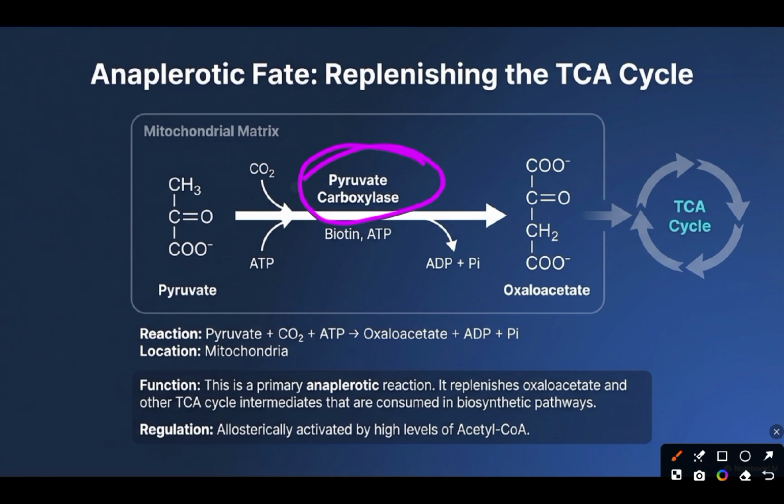If your body needs alanine, it will convert pyruvate to alanine by alanine transaminase. And if your body requires oxaloacetate, which will enter the Krebs cycle, pyruvate carboxylase converts pyruvate to oxaloacetate, taking an ATP molecule and forming ADP plus phosphate.